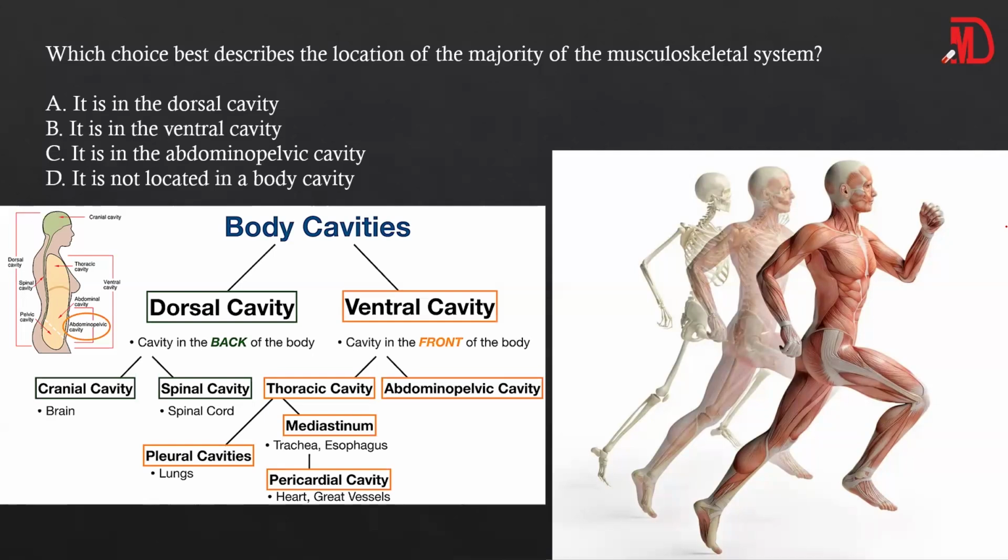So you can see it's got nothing to do with the musculoskeletal system. And that is over here. The answer is D. The musculoskeletal system is not located in a body cavity. It's rather embedded in the walls, and of course the limbs. All right.